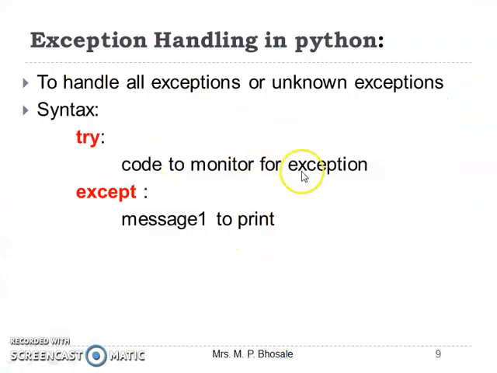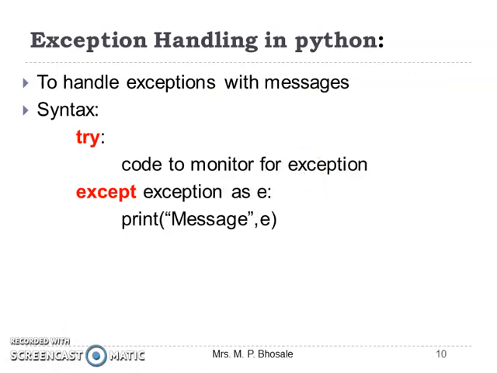Now we were discussing how to handle all exceptions or unknown exceptions. Now the next part is, if you want to print the inbuilt exception message to the user, then how to handle the exception with messages. Let us try this, but before that you should know the syntax.